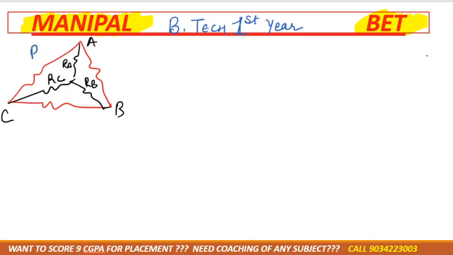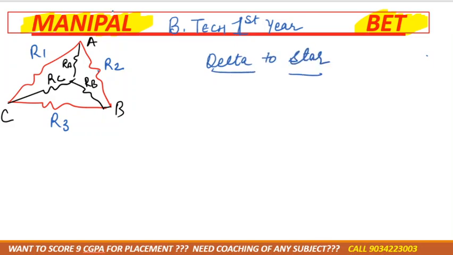Okay, this one is R1, this one is R2, and this one is R3. First of all, you need to study delta to star transformation. If you are converting from delta to star, tell me which terms you want in the answer, R1, R2, R3 or RA, RB, RC?